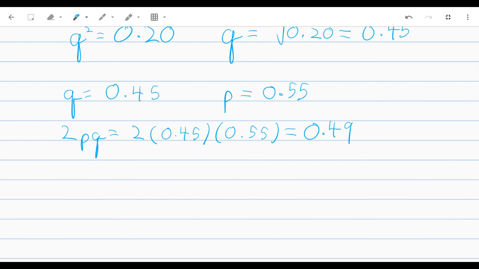If we want to know what that total number is, we are going to take our 0.49, and it's actually 0.4427 after that, and multiply it by 15,000. So we've got about 7,416 heterozygotes.